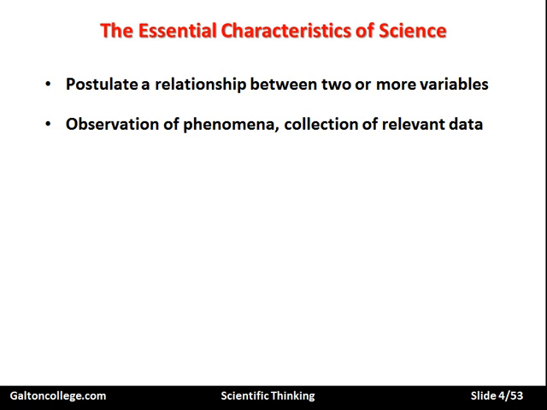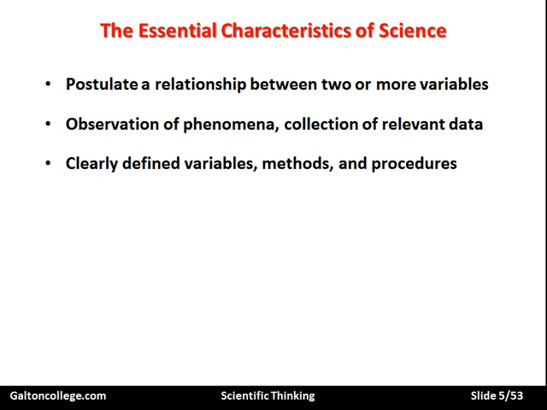With science, we have, generally speaking, observations of phenomena. We try to make observations and collect relevant data. And we have very clearly defined variables and methods and procedures. Everything is set out. There's no secret agenda. We know what the variables are.